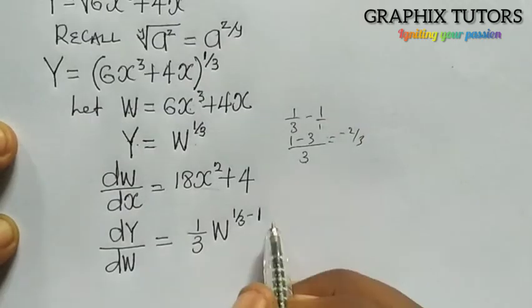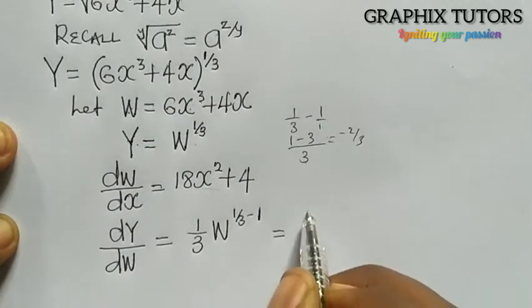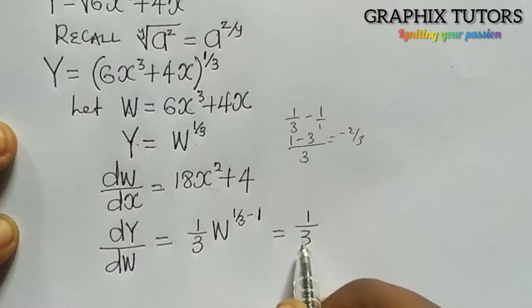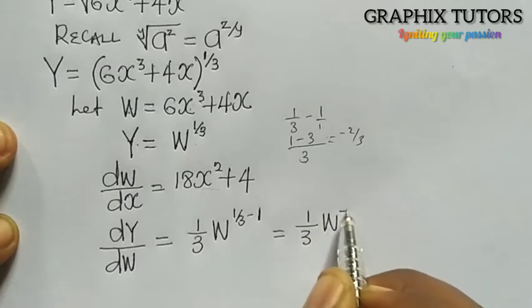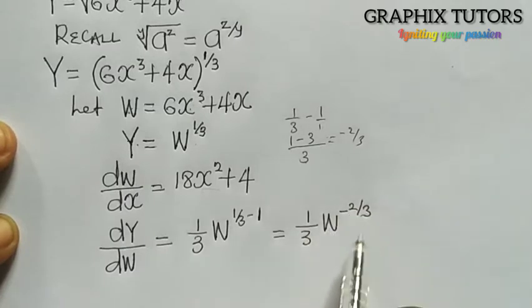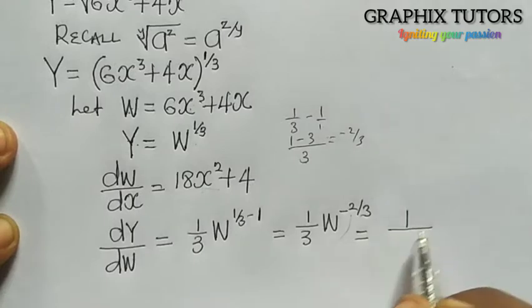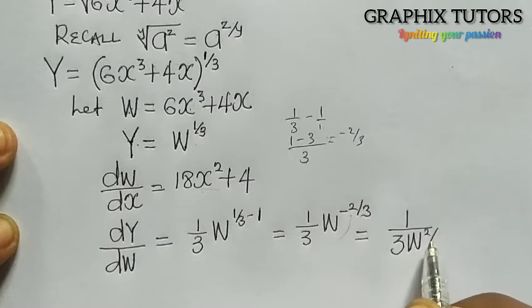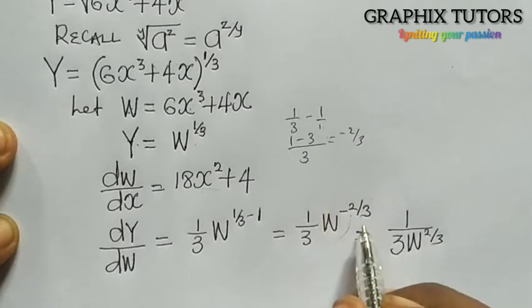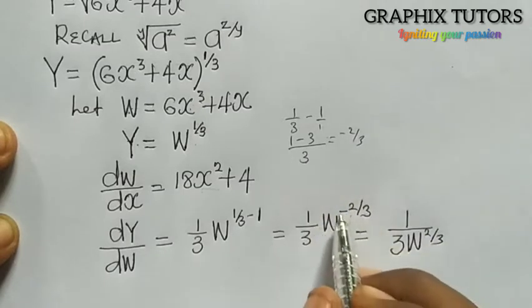So this will now give me 1 over 3 w to the power minus 2 over 3. Now if this w to the power minus 2 over 3 is coming down, this will give us 1 all over 3 w to the power 2 over 3, because whenever indices are coming down, the minus will disappear.